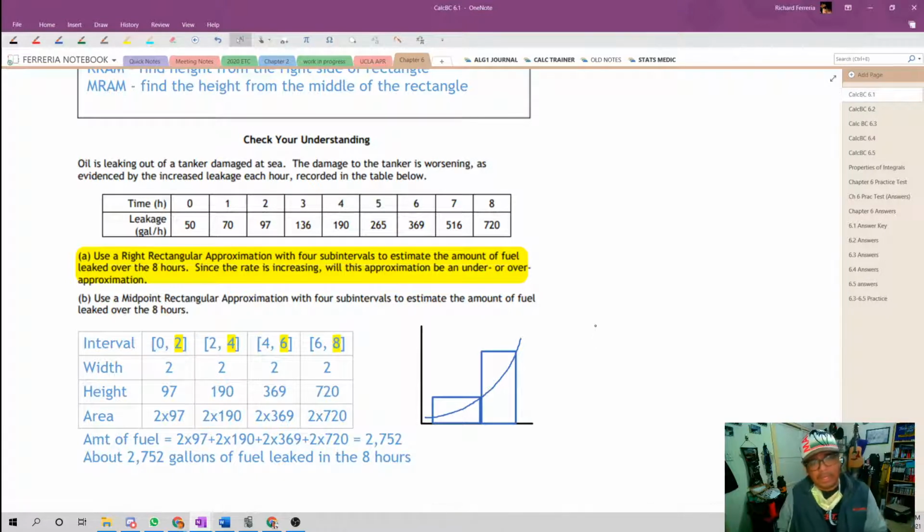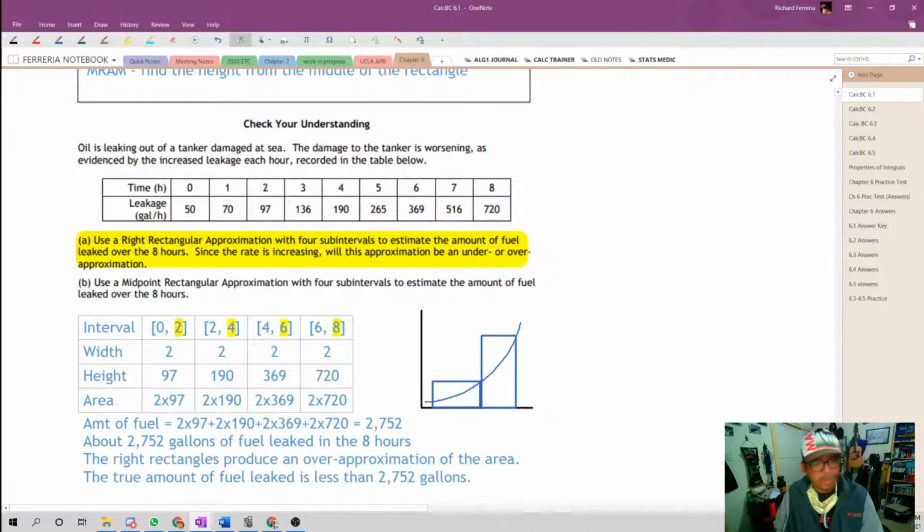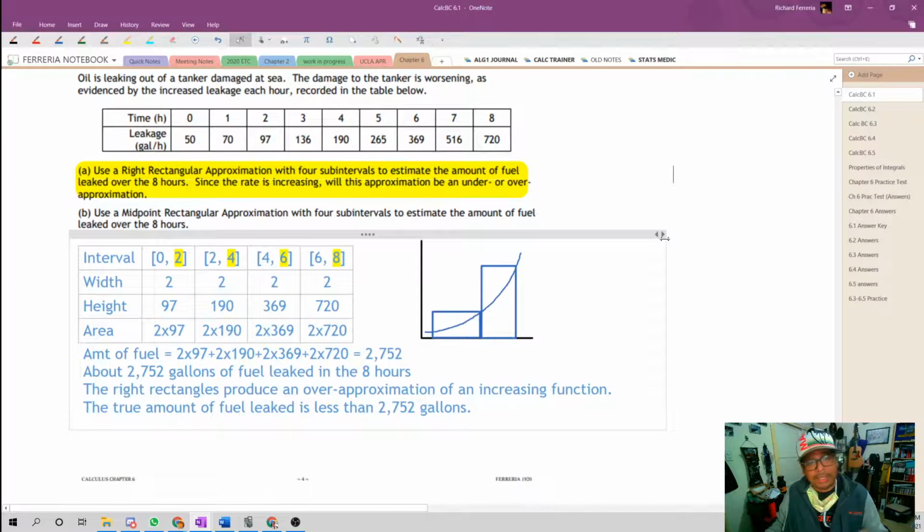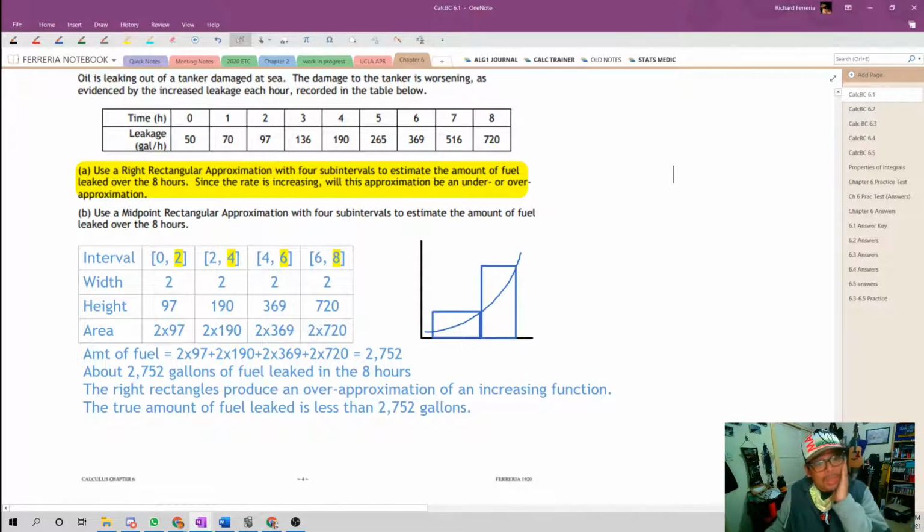Really, just 1 rectangle is going to be enough to see that the right rectangle is going to be an over approximation of an increasing function. Right rectangles are going to produce an over approximation of the area of an increasing function. So the true amount of fuel leaked is less than 2,752. Let's go on to part B.